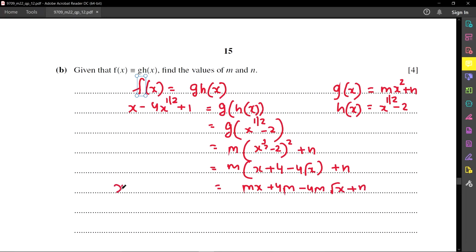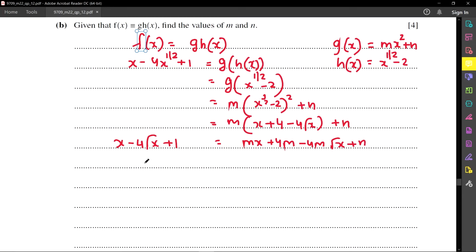And here we have x minus 4 root x plus 1. Let's arrange the terms in that way. This will be equal to mx minus 4m root x plus 4m plus n, and here it is x minus 4 root x plus 1.